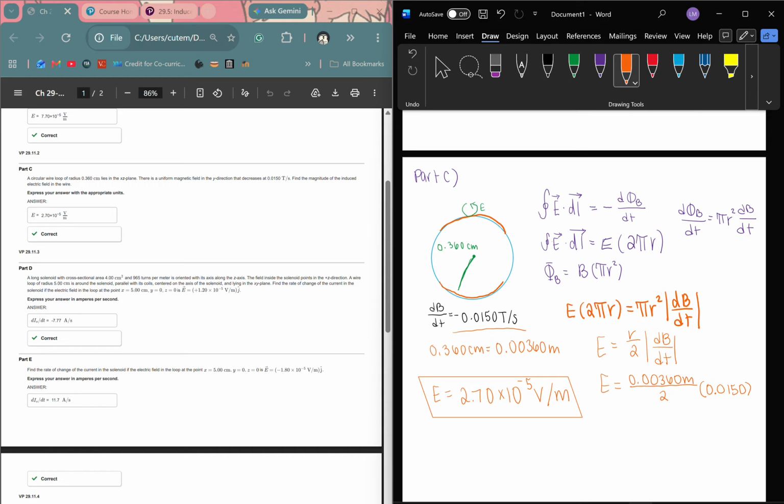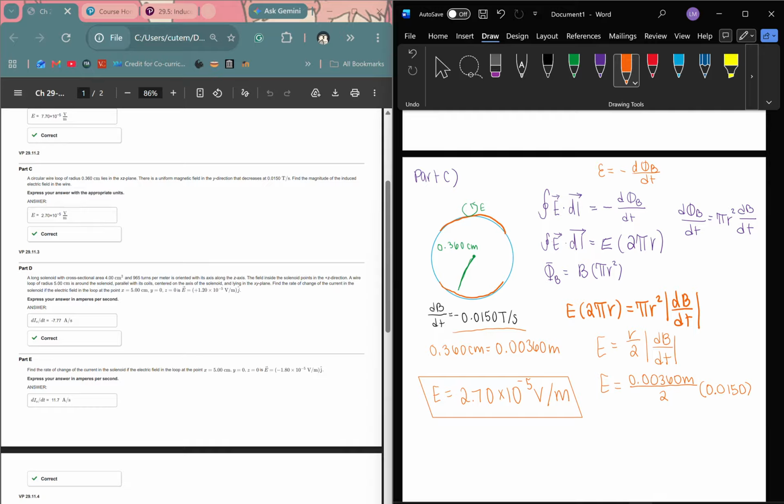But in Faraday's law, the problem is asking for the magnitude of the induced electric field, and the negative sign in Faraday's law for the EMF comes from Lenz's law, which tells us the direction of the induced field.